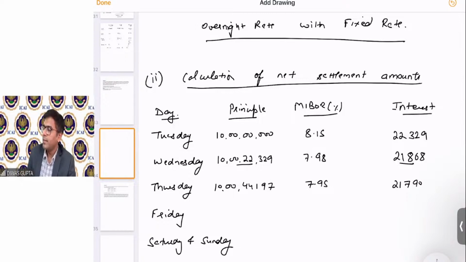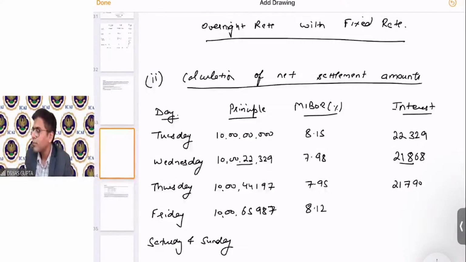Then the next part is 10 crore 65,987. Again, the interest will be applied on this number, the revised principal, at the rate of 8.12. And the amount becomes 22,261.